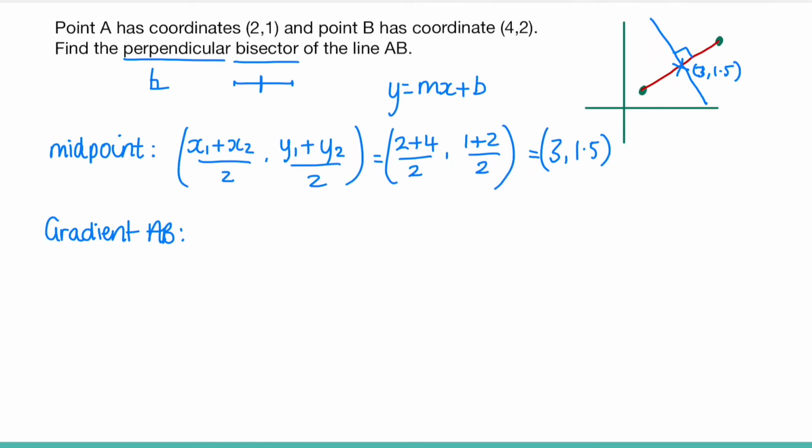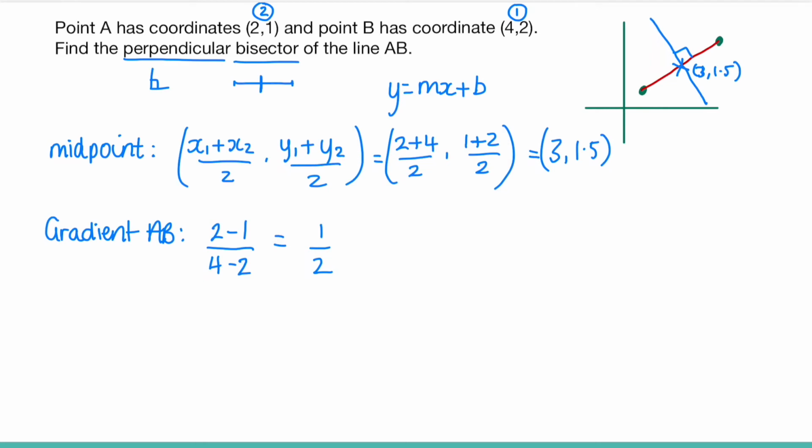I'm going to take this coordinate as my first and this one is my second. So I've got 2 minus 1, that's my change in y, and then in the same order, change in x, 4 minus 2. I'm literally just taking those from these x and y coordinates. And that gives me 1 over 2, or 1/2.